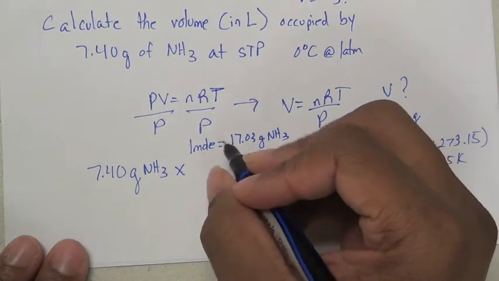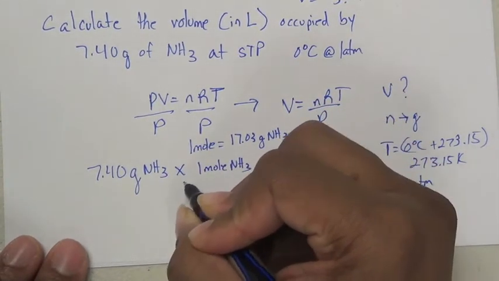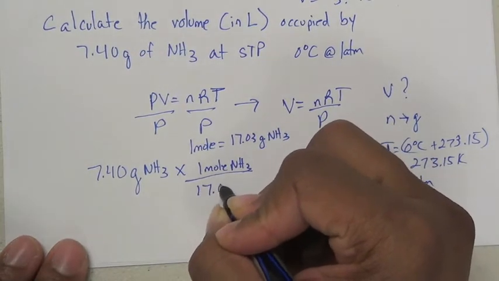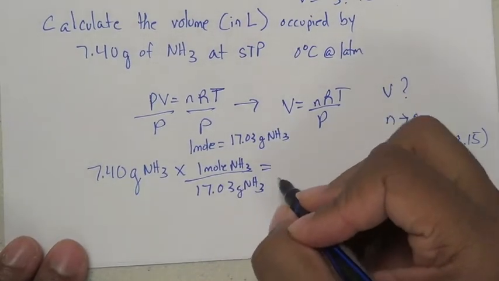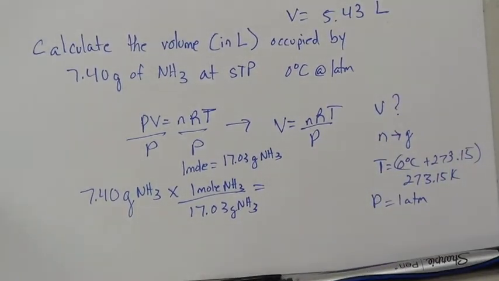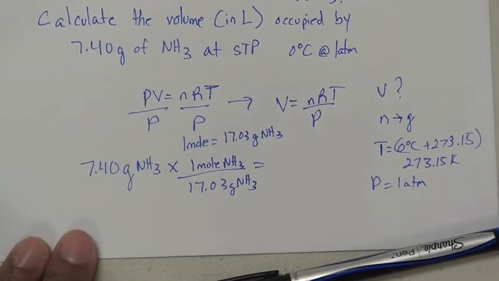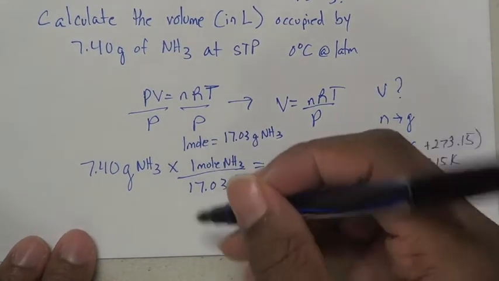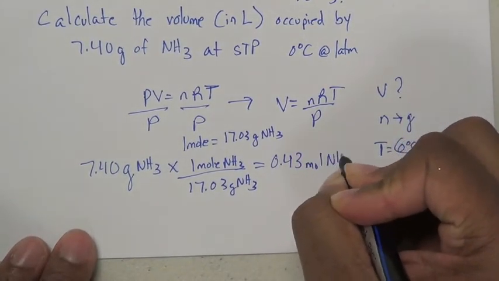We turn that into a conversion factor: 1 mole NH3 over 17.03 grams NH3. Plugging that into the calculator, 7.40 divided by 17.03 gives me 0.43 mole NH3.